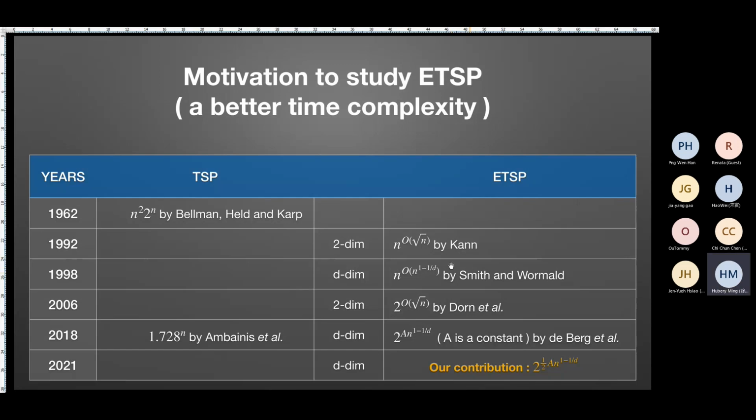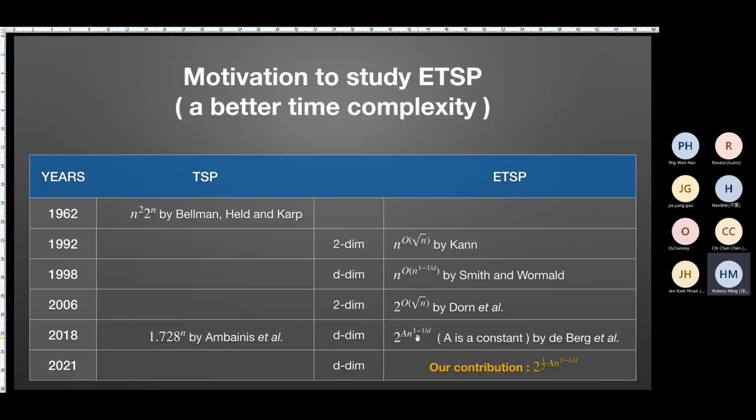And 20 years later, Berg improved the time complexity derived from Smith and obtained the time complexity that is the best up to date. And he also shows that the time complexity is optimal up to the constant in the exponent part of the time complexity.